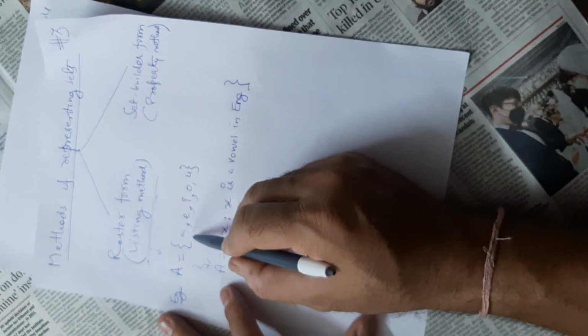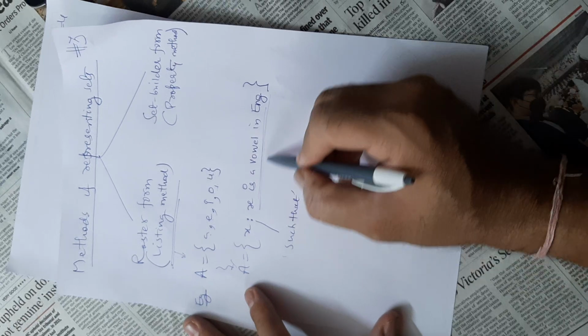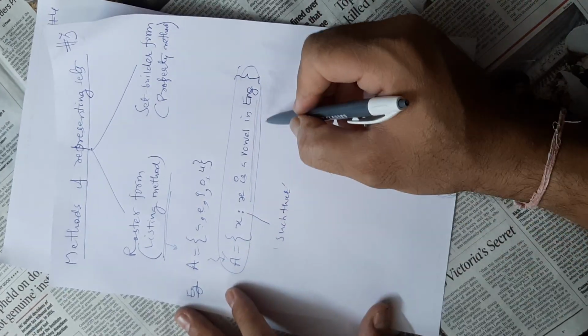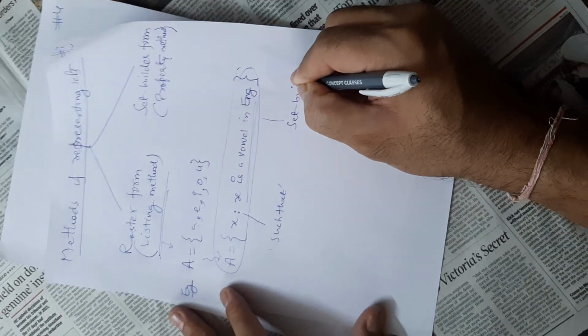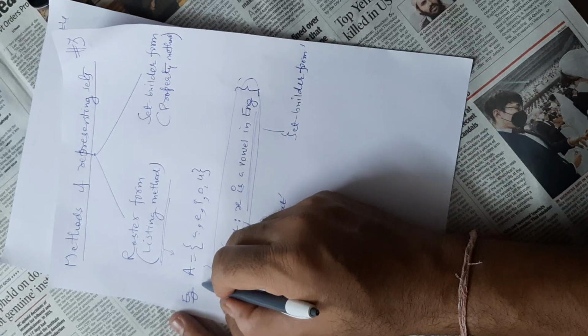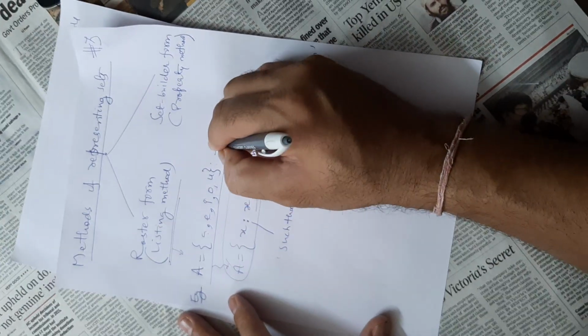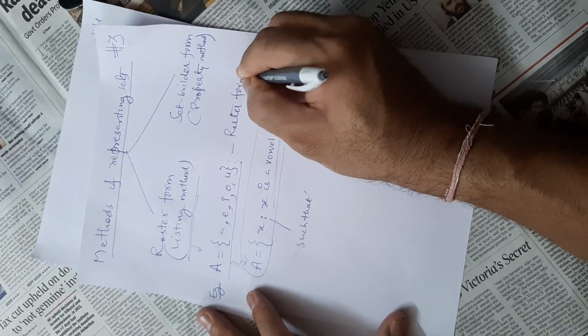What I did, I have used the common property among the members of the set. So this representation of a set is called set builder form, or property form, whichever you call it. And here you have listed the members, so this is called the listing method or roster form of a set.